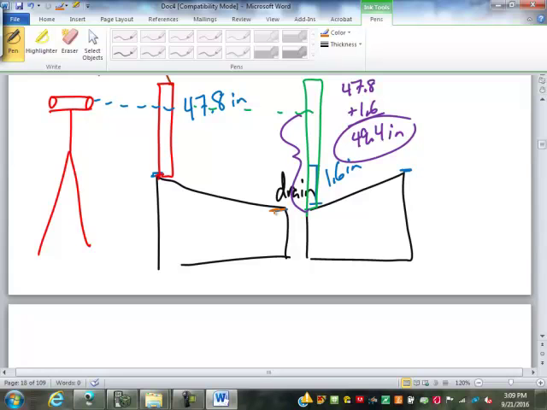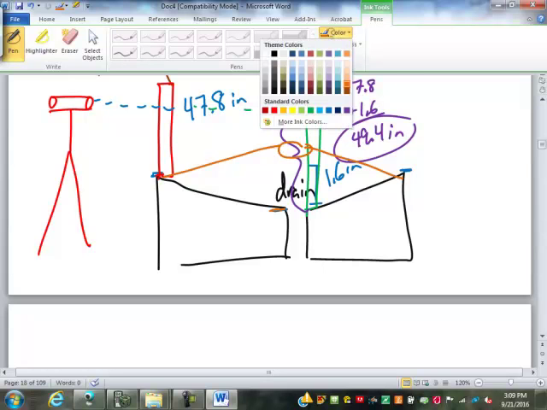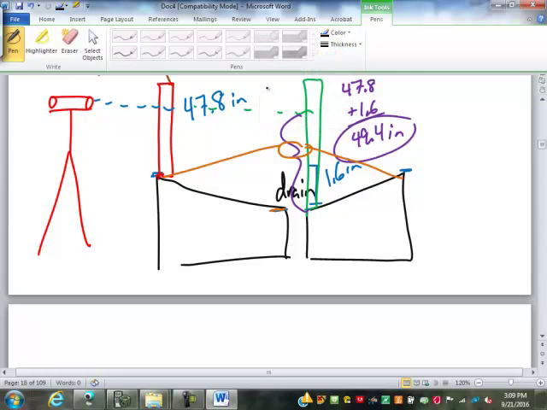They set the transit up, they read the scope, read the scale, subtracted 1.5 inches, set the drain pipe where that height was going to be, and poured the concrete. And guess what? The top of the drain was the highest point in the floor. So there was obviously a jackhammer involved. Very easy mistake to make.